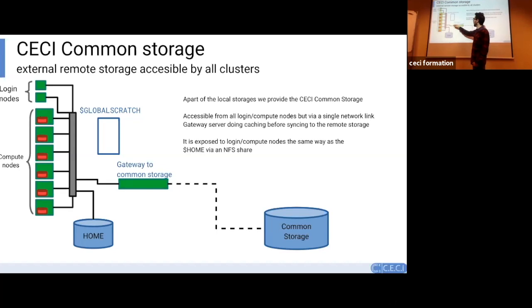on each of the clusters a server that we call the gateway server. It is a server which is physically in the same room as the HPC cluster, and it's connected with a fast interconnect to the HPC cluster.